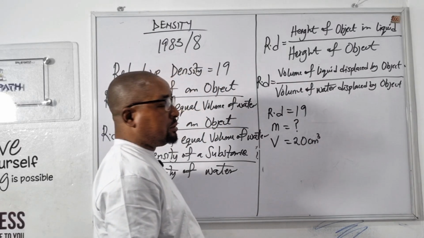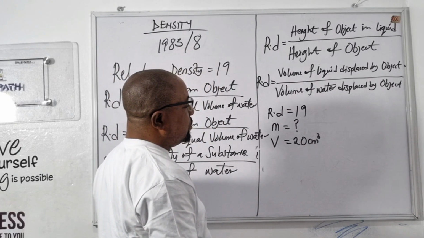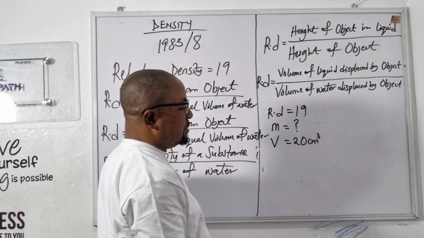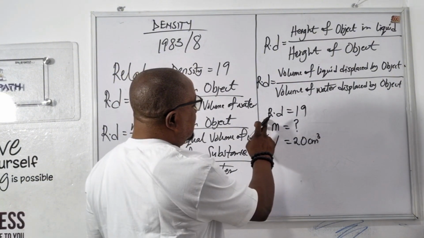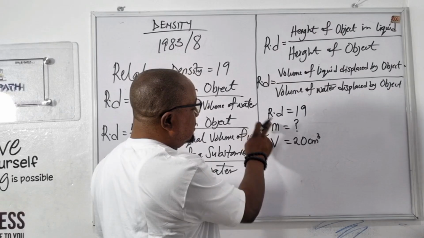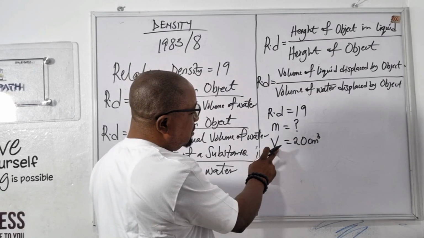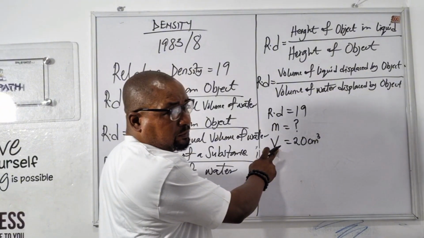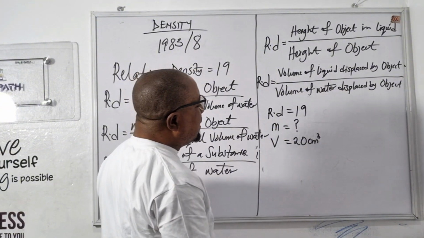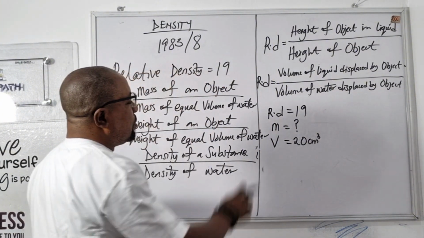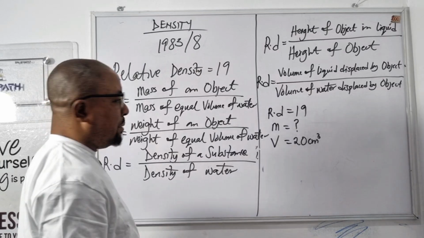We're given the relative density as 19. We're looking for mass, and we know the volume. So how do we get our mass?